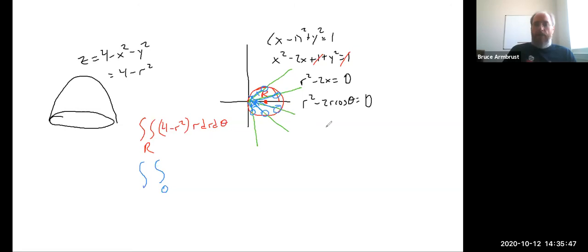The x is r cosine theta. I can factor out that r. So I have two choices: r equals 0, and the other is r equals 2 cosine theta. I'm not going to use r equals 0, because that is clearly not where his head is. It's where his feet are. So his head is 2 cosine of theta.